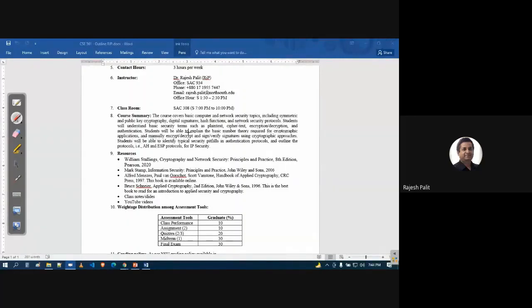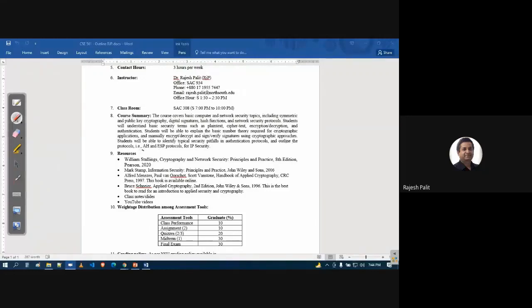Students will also be able to explain the basic number theory required for cryptographic applications, manually encrypt and decrypt, sign, and verify signatures using cryptographic approaches, and identify typical security pitfalls in authentication protocols and outline the protocols.